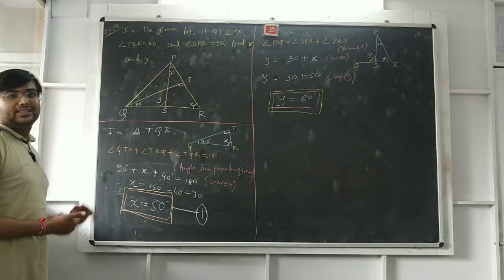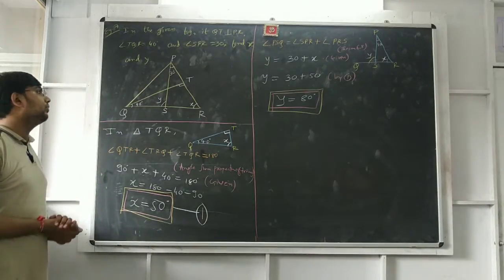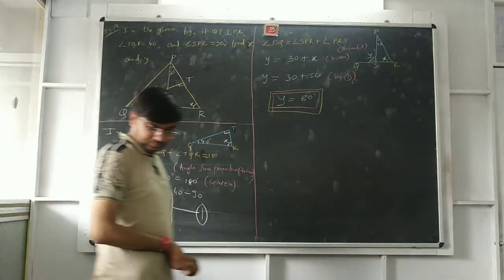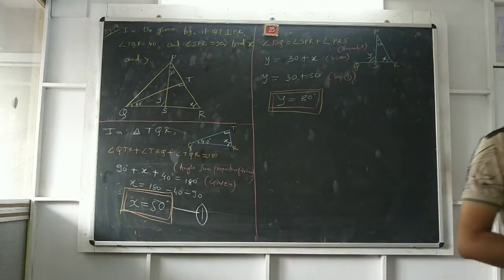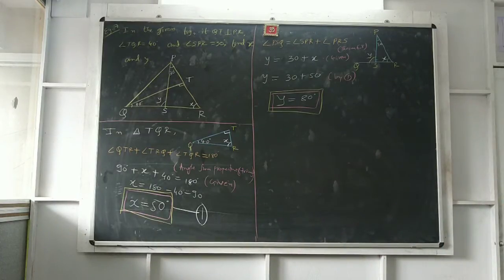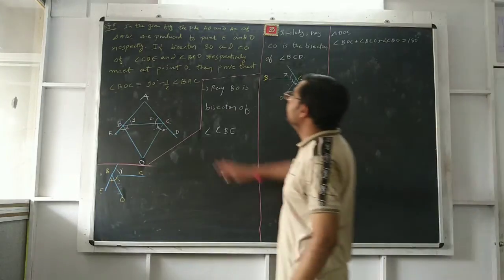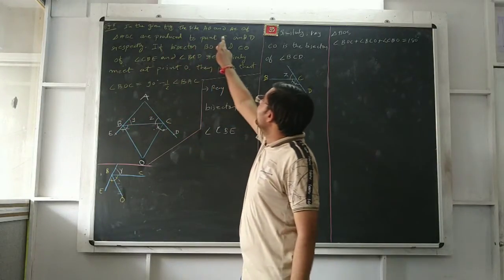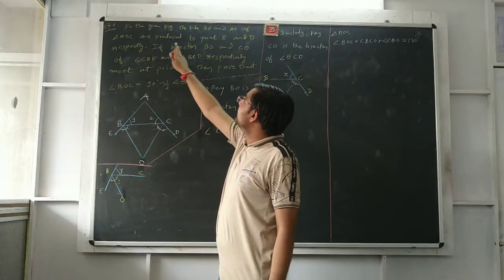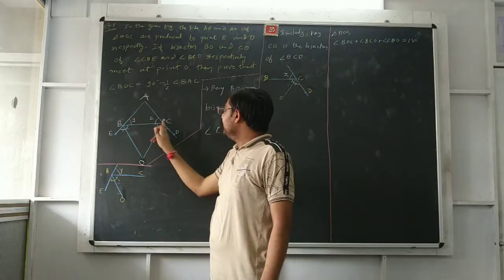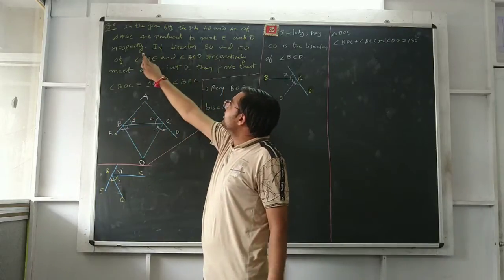See it carefully. Now we are going to example number 8. In example 8, in the given figure, the sides AB and AC of triangle ABC are produced to the points E and D respectively.